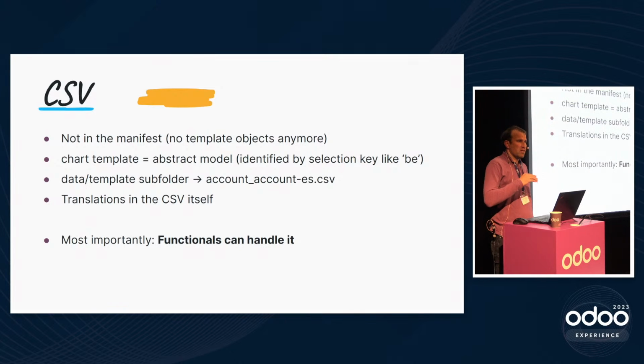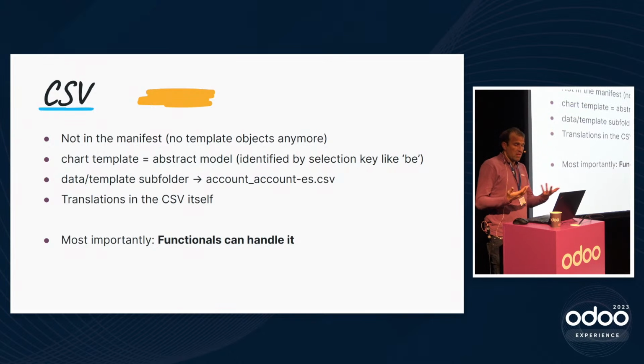All these things are gone. Before, you could update your module, the account templates would be updated, but your existing accounts in the database wouldn't be updated. So it means we needed to introduce another mechanism to load the accounts and the taxes into the database.